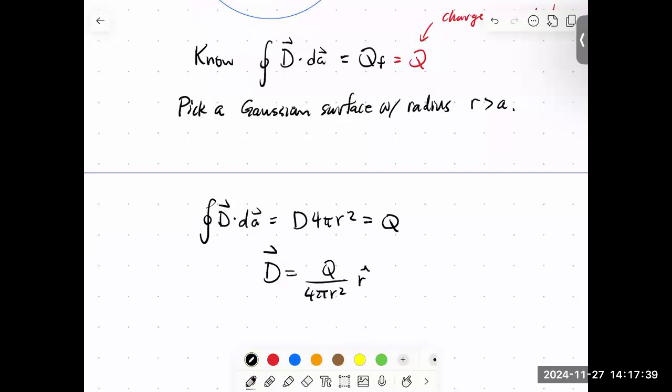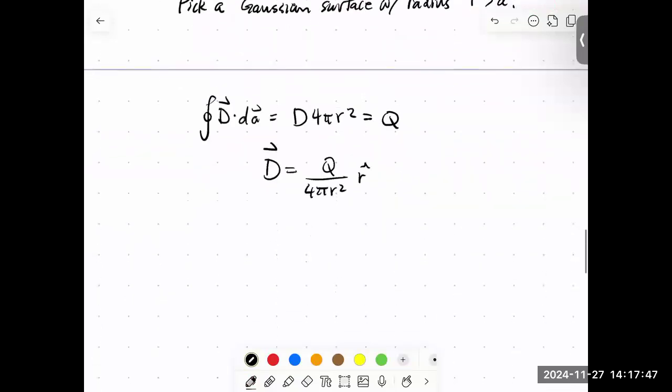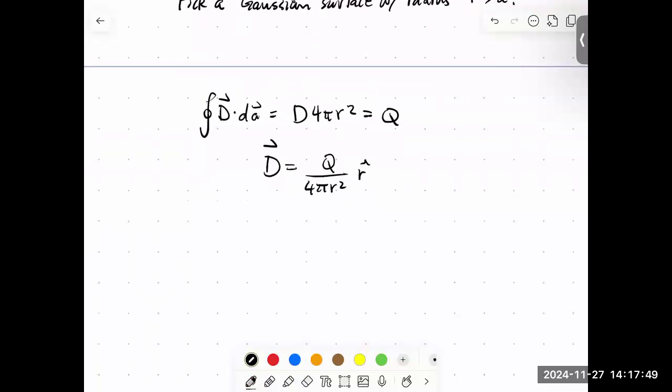Last time we would basically be stuck here, because unless somebody told us about the polarization, we couldn't really go further. However, if we have a linear dielectric, we can go further. So let's say, therefore, D, which is epsilon naught E plus the polarization, is equal to epsilon naught E plus, and let's look at our polarization.